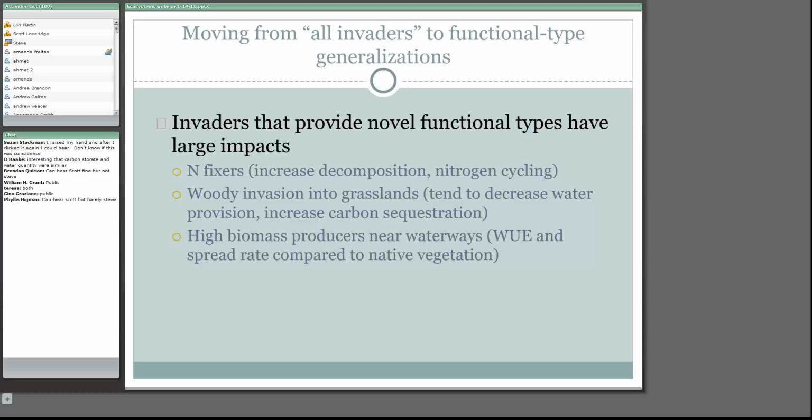In this case, these types decrease water provision, increase carbon sequestration, and then we have high biomass producers that tend to be present near waterways. So invaders that provide novel functional types are maybe a new way to categorize invasive plants.